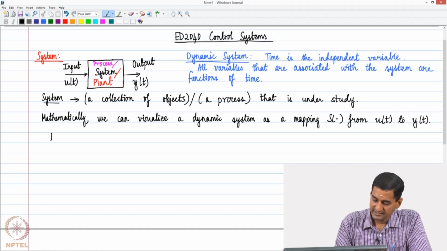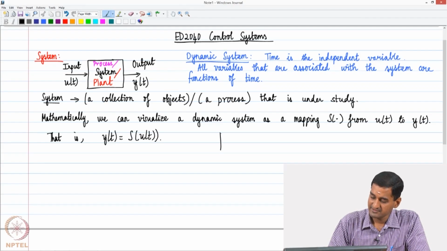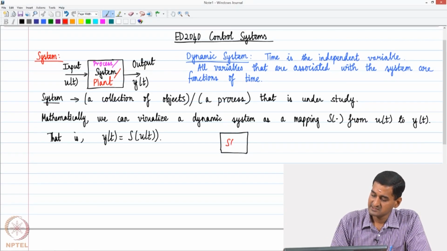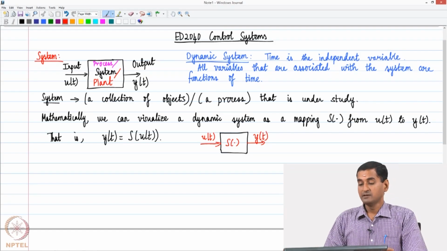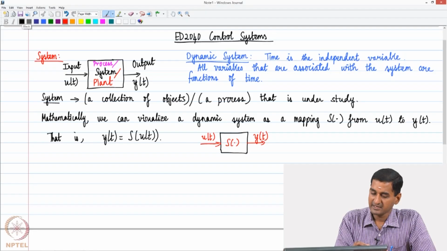Okay. So we would have y of t equal to S of u of t. Essentially we would picturize a system as a mapping S which takes an input u of t and delivers an output y of t. Okay. So that is a mathematical visualization of a dynamic system.